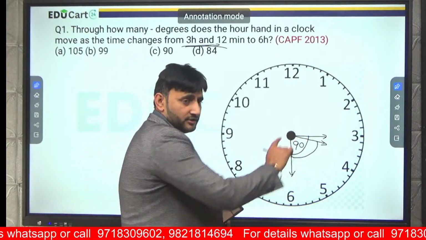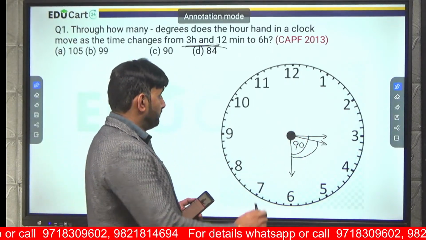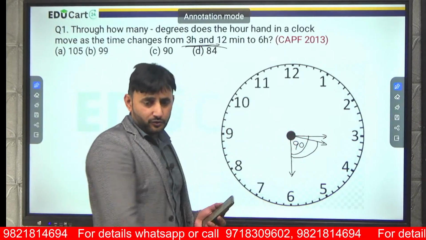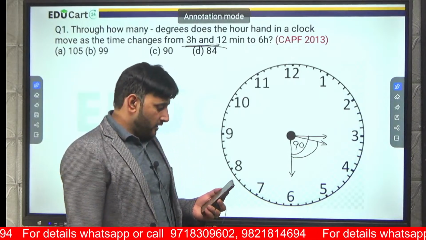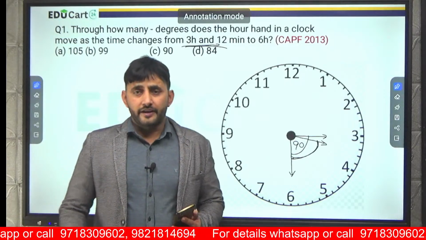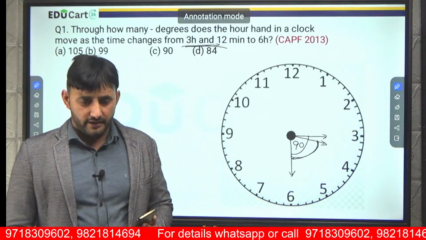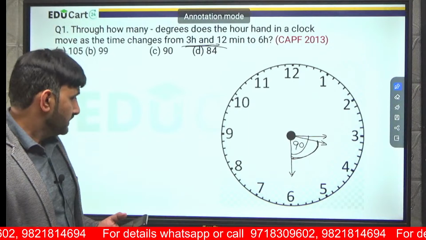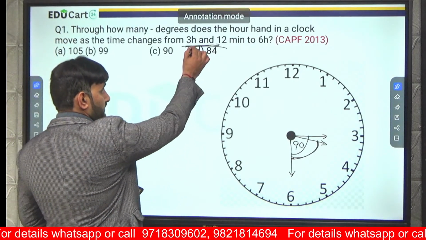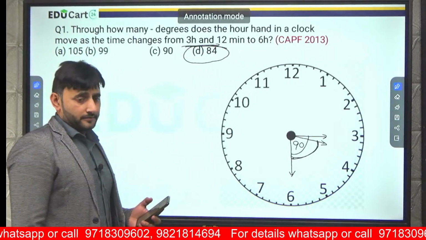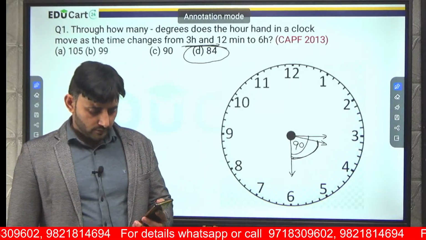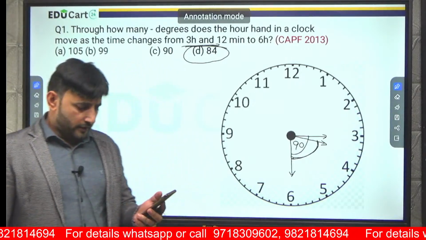Between 3 and 6 the angle is 90 degree, but at 3:12 the hand was slightly ahead of 3, so this angle has to be less than 90. There is only one option which is less than 90. It is 84 degree. Fine. So I hope it is clear.